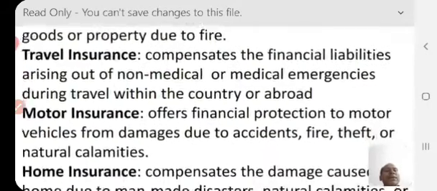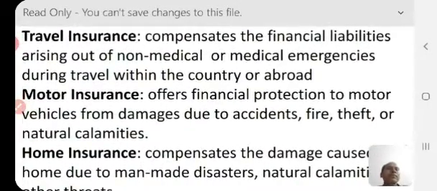Travel insurance. Travel insurance compensates the financial liabilities arising out of non-medical or medical emergencies during travel within the country or abroad.